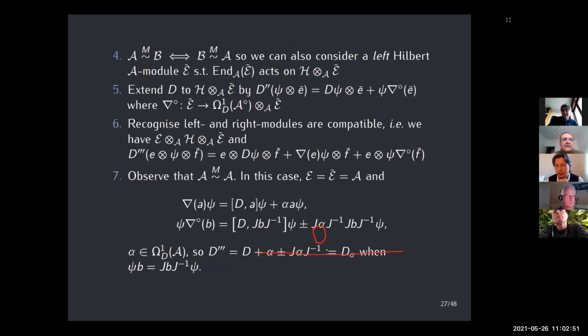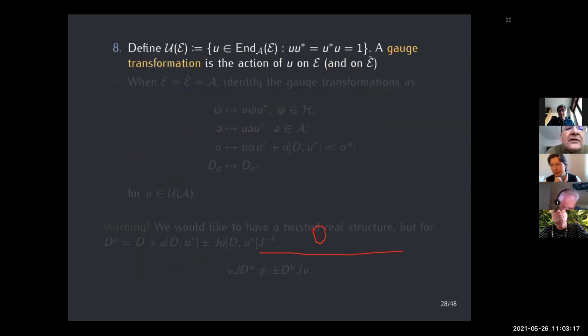When you want to have a gauge transformation on a finite projective module, it's just some unitary automorphism, right, of a module? Exactly, here it is. Yes, it's a unitary endomorphism, so it's a unitary automorphism because it's invertible.